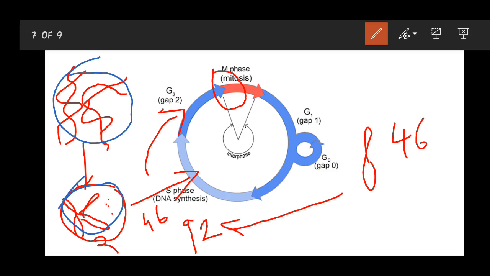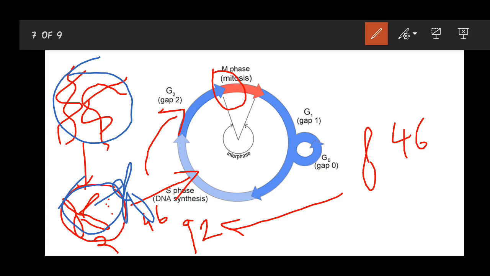And coming to the other terminology, which is non-sister chromatid. If you are comparing the chromatids of different chromosomes, so this is of the same chromosome, and if you are taking another chromosome here and comparing these two, they are usually referred to as non-sister chromatids. That means these two chromatids are not copies of each other.